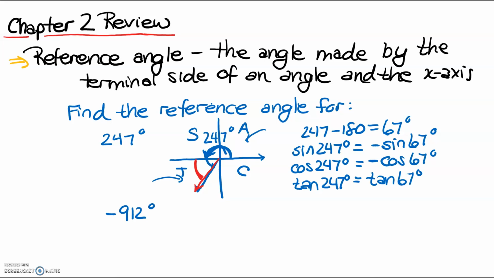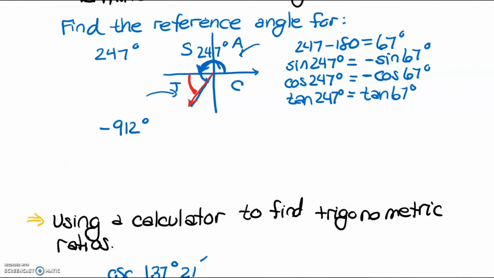So how would you find the reference angle for a negative angle? Well, in a negative angle, we're just going clockwise instead of counterclockwise. And we know 1 full rotation is 360, 2 full rotations is 720. So how many more degrees would I have to go if I wanted to find negative 912?